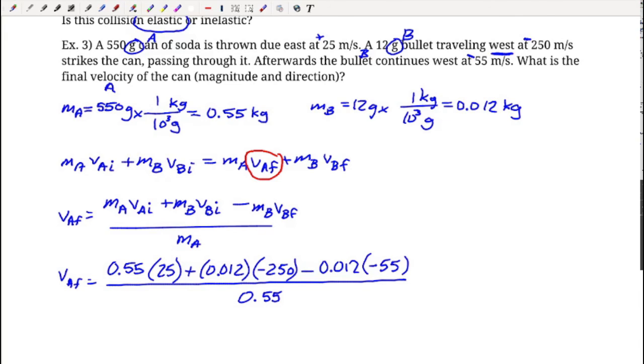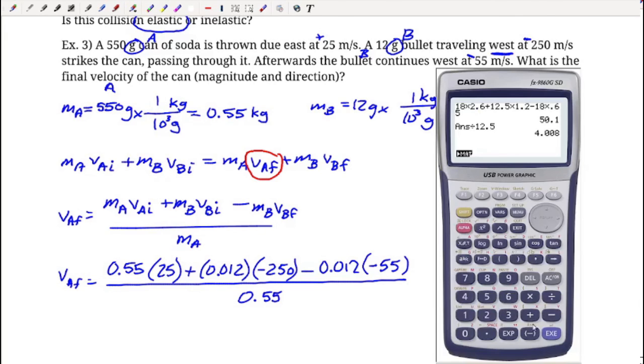Here we go. 0.55 times 25 plus 0.012 times negative 250 minus 0.012 times negative 55. Take that number, divide by 0.55, and that gets me a final velocity of 20.7, that would be 3 sig figs, meters per second.